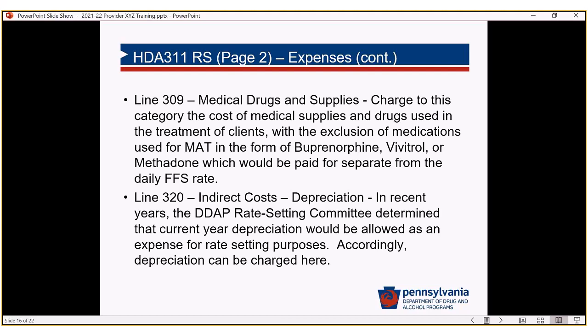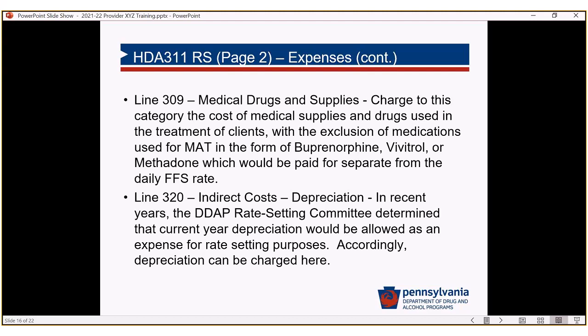While this venue is talking about rate setting, and you would need to submit an XYZ package to obtain a 3.7 rate, in order for an SCA to contract with you for 3.7, two things would need to happen. Number one, that XYZ rate would need to be granted, but also number two, the provider would need to be credentialed by DDAP as a 3.7. So I just want to put that in there as a reminder.